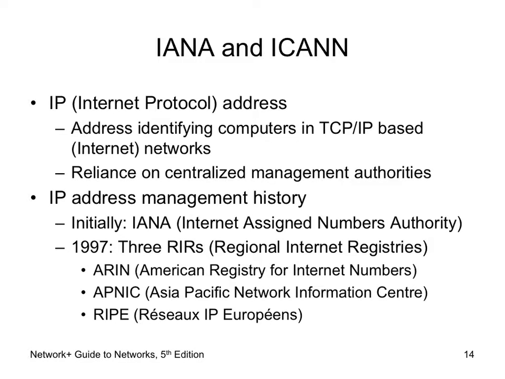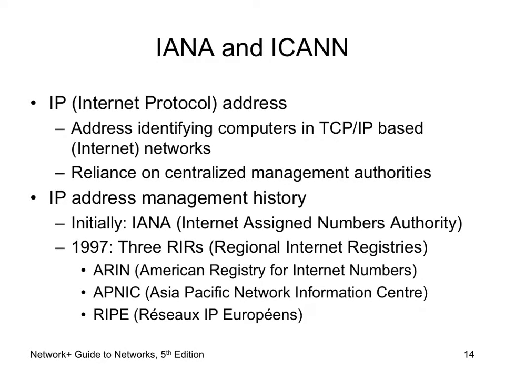IP, protocol address, Internet protocol. They identify and address computers. It's a reliance on centralized management. The history of this group started out initially as what's called the Internet Assigned Numbers Authority. In '97, there were 3 registrars. You've heard of GoDaddy, maybe Network Solutions.